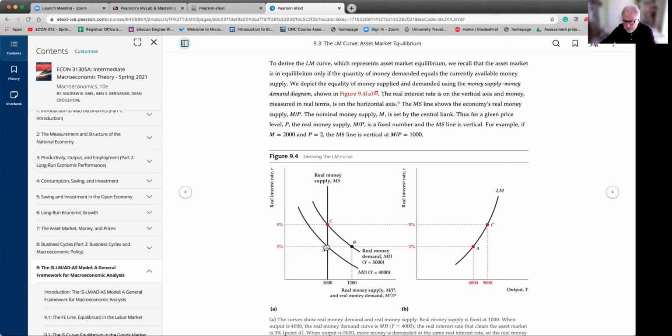So money demand isn't shifting, money supply would be shifting. An increase in the money supply would shift the money supply curve to the right. It would reduce, in that case, the equilibrium real interest rate. And that would cause a downward shift in the LM curve.